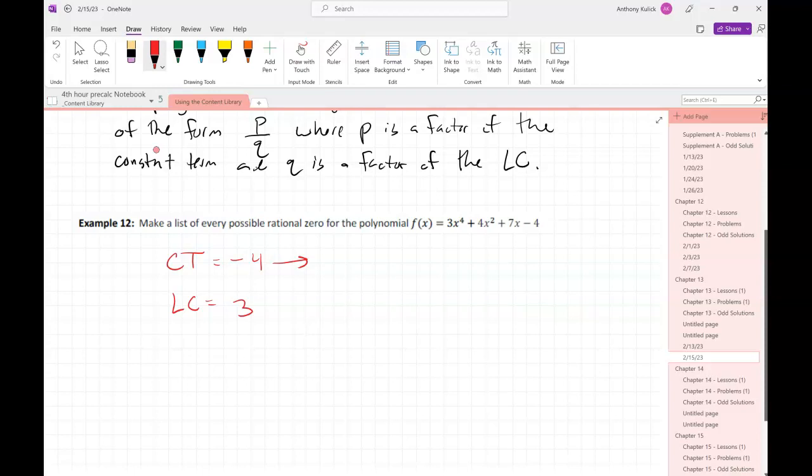Or another way of asking this, what are all the numbers that divide -4 evenly? How about 1 and -1, right? 2 and -2, 4 and -4. That's it. What are the factors of 3? Plus or minus 1 and plus or minus 3.